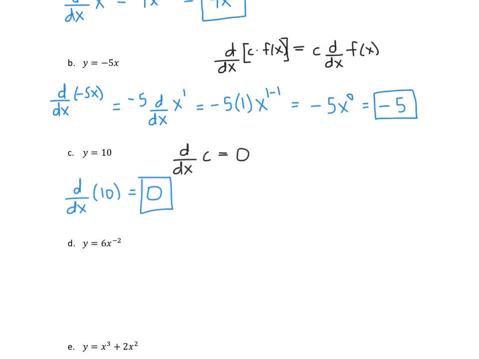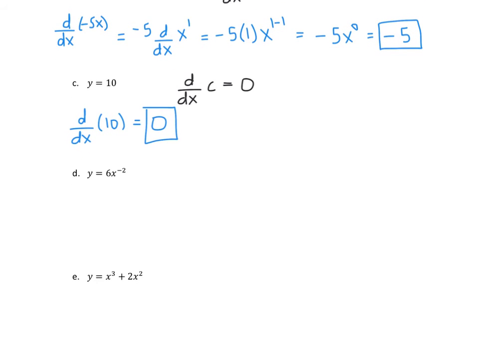Next, in part D, we're again using the power rule and the fact that the derivative of a constant times a function is the constant times the derivative of the function. So for the derivative of 6x to the negative 2, we carry that constant along with us, and then we take the derivative of the power function.